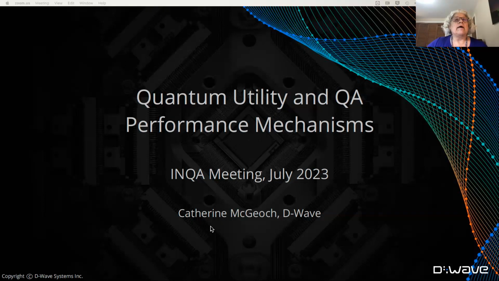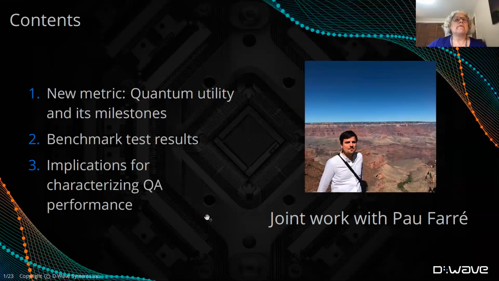Basically, I want to talk about a new metric that we've developed, which we're calling quantum utility, and it's divided into milestones that are components we can build up to get to full quantum utility. I'll present a large example of a benchmark test that we performed recently on one of the Advantage QPUs.